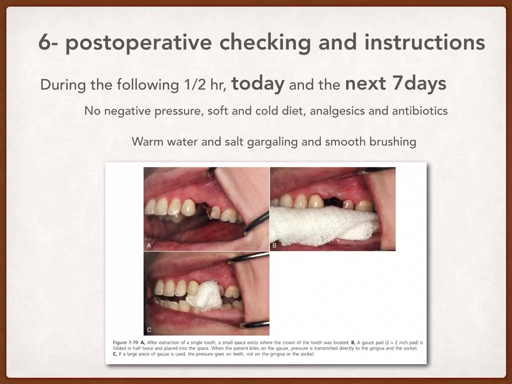After that, you should tell them to take their analgesics correctly and before the effect of the anesthesia dissipates. And if it is a surgical extraction or a tooth with a lesion, they should take an antibiotic.